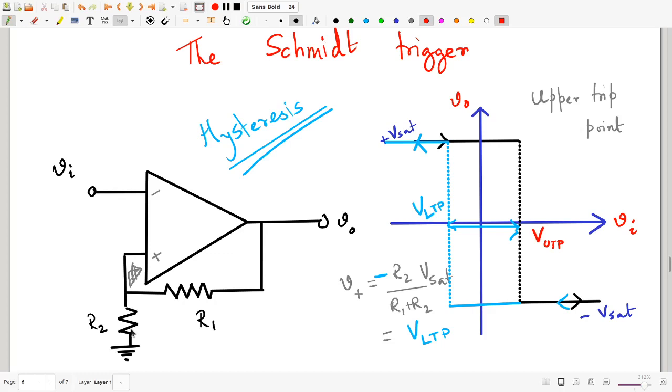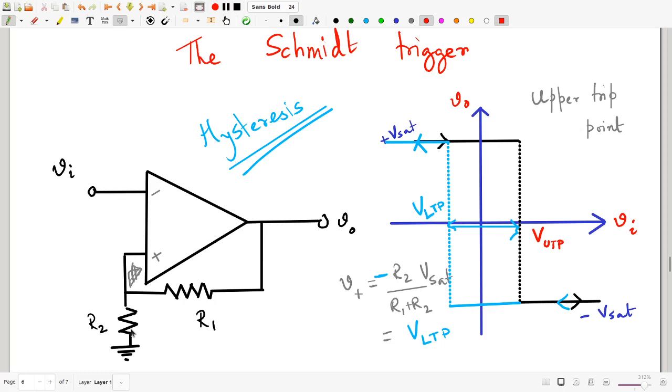Only when an actual signal drives it substantially below, because the width of the loop has been chosen by you so that random noise should not be able to drive you from one side of the loop to the other side. Only when the signal is large enough do you get a tripping, that is, do you get the output voltage to change sign. So that is one application that you could use the Schmitt trigger for.